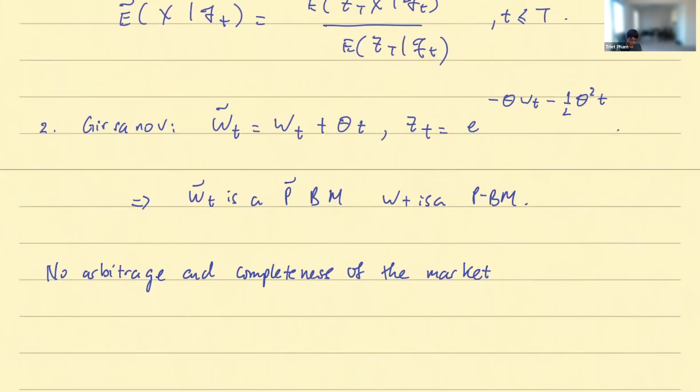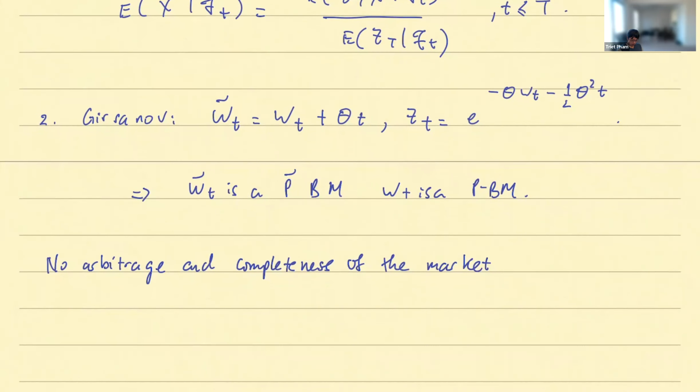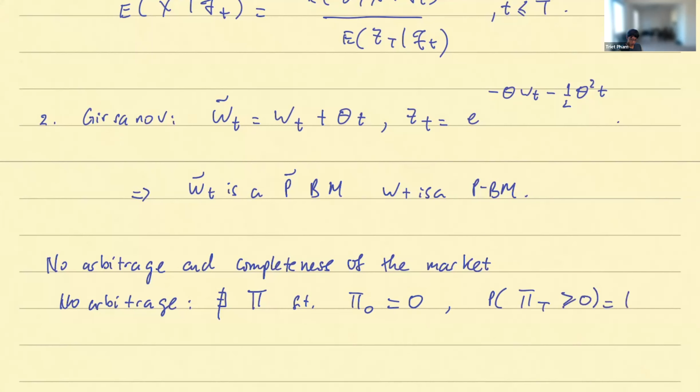So no arbitrage, I guess there's an English definition for it, but we'll just say that there exists no portfolio pi such that pi of 0 equals 0, and the probability of pi t non-negative is 1, and the probability of pi t positive is positive.